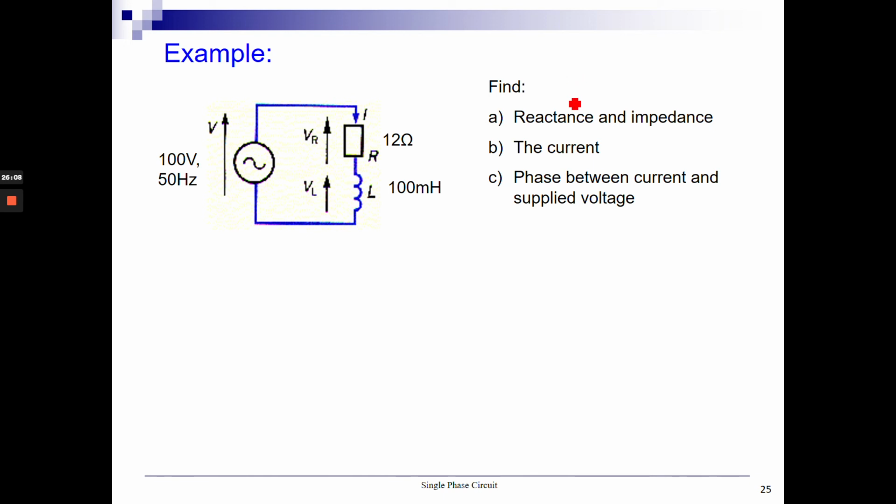Okay, so your reactance is XL, and then your impedance is your Z. So first of all, you have to find your XL. So XL equal to j omega L. What is the formula for omega, the angular velocity? So omega equal to 2 pi f.